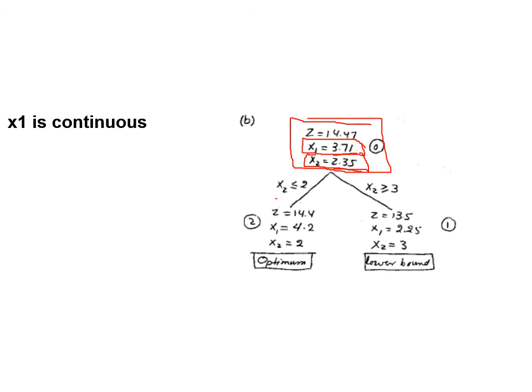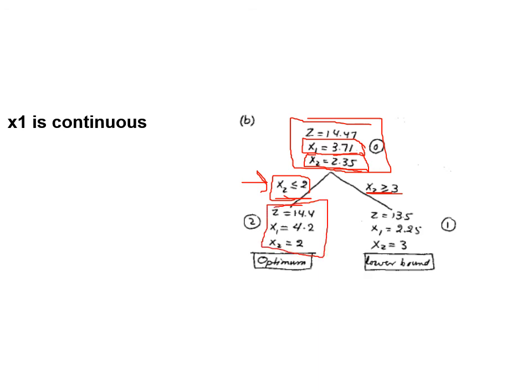That's why we branch on x2, x2 less than or equal to 2 and x2 greater than or equal to 3. So we include these constraints one by one to the LP relaxation and solve it. You see, when we force x2 to be less than or equal to 2 and solve it, we end up with this solution.